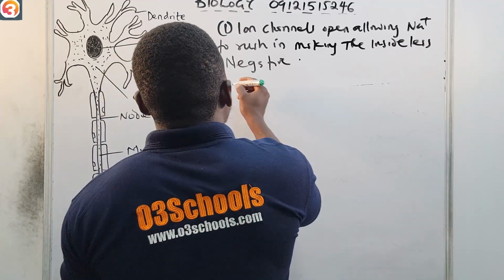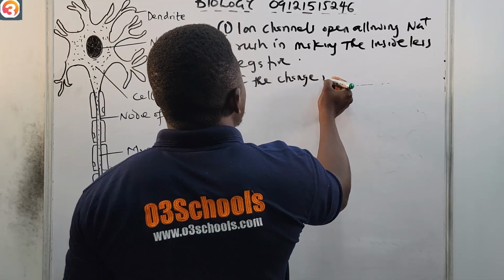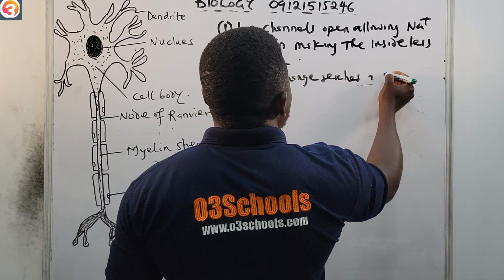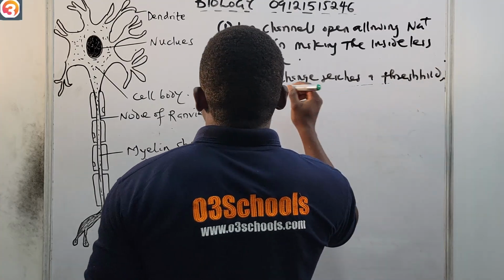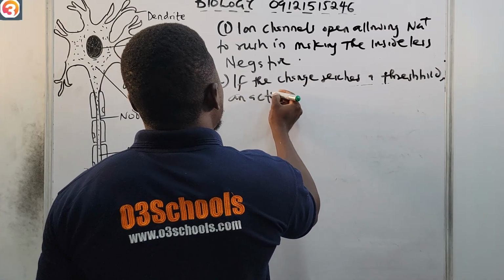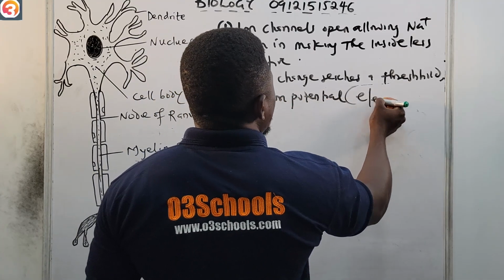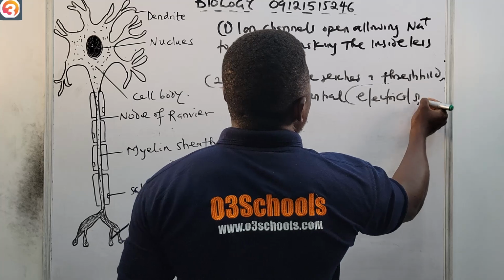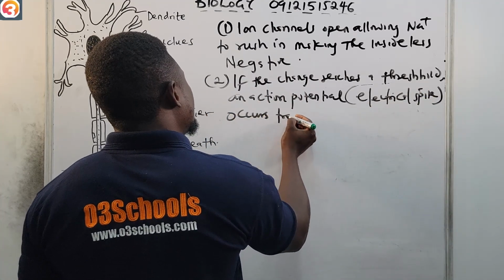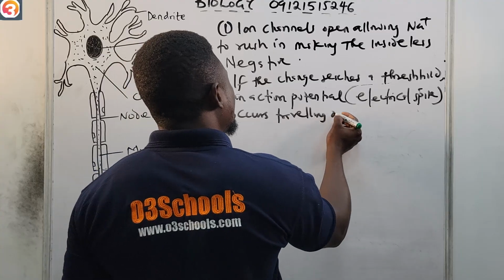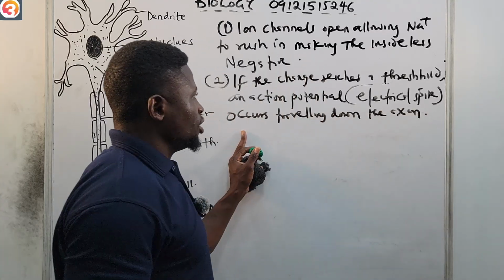So number two, if the change reaches a threshold, an action potential, that is an electrical spike, occurs, traveling down the axon.